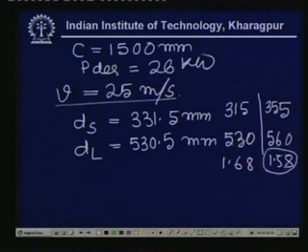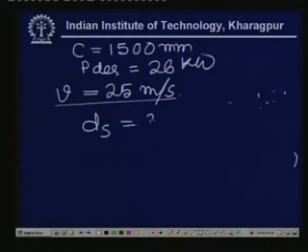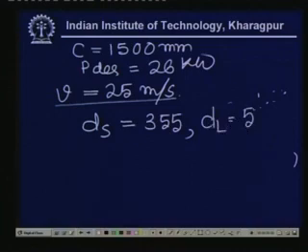I think it will be better if we choose the particular combination which is very near to the given speed ratio. So once it is done, we put the values: ds comes out to be 355 and dl comes out to be 560.